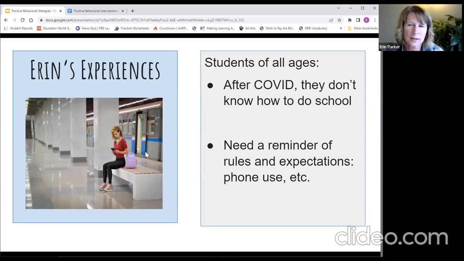So those are things that I hadn't dealt with for a while. So the idea of needing to remind them of rules and expectations, going back to that, because sometimes we think, as we'll talk about, that we teach adults, we don't have to have these rules posted on the board. But finding that maybe we do, or at least some form of that.